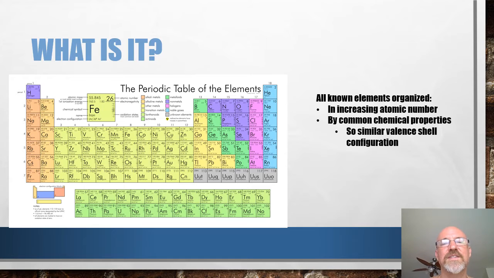He came up with a system, his based on atomic mass, the modern one now based on atomic number, that organized the elements systematically in increasing size, but then ended up grouping them in repeating patterns so that in a column going down, all of the elements had similar patterns of reactivity.